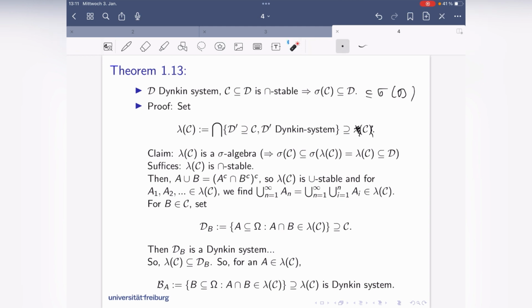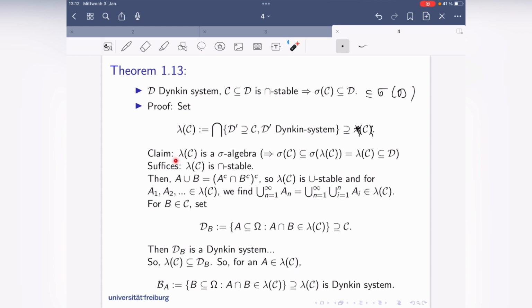So we have sigma algebras generated by some set C, that was sigma of C. Here we have Dynkin systems generated by C. So lambda of C is the intersection of all Dynkin systems which are bigger than C. And of course, that's a superset of C. I have to show that lambda of C is a sigma algebra.